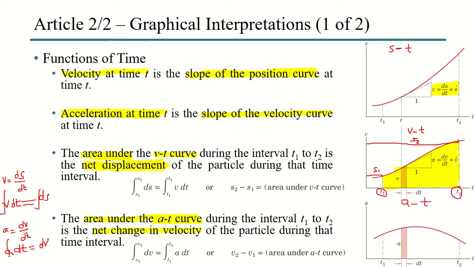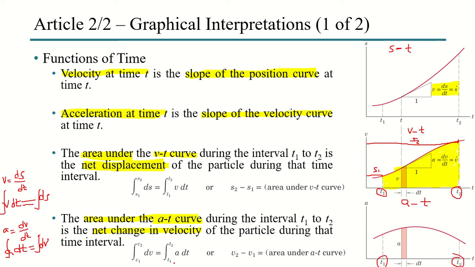Our limit for v is the lower limit v1, upper limit v2. Then when you integrate dt, that is equal to t, so the limit is from t1 to t2.